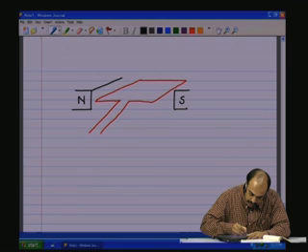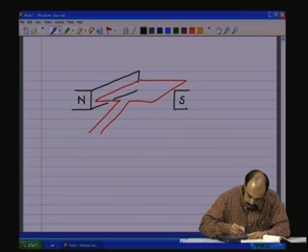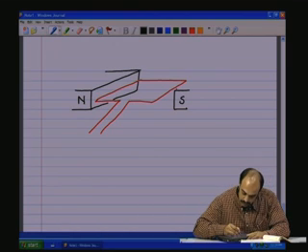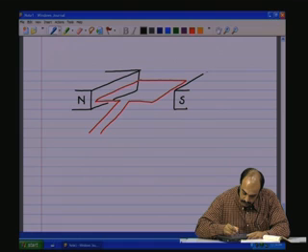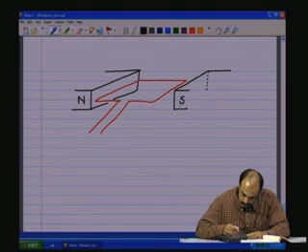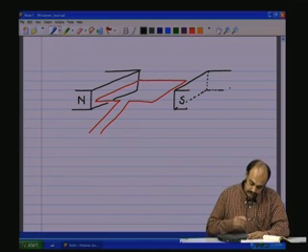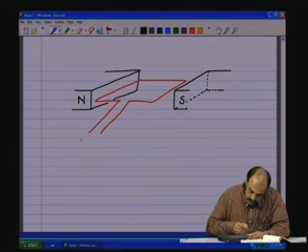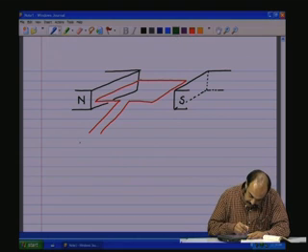See, the poles can of course be extended. And we have the north and the south pole like this. Now, this coil is connected to the rings in this fashion.